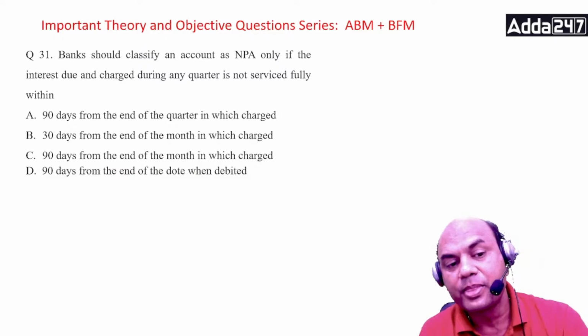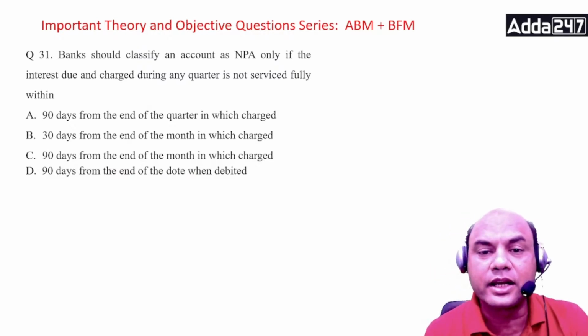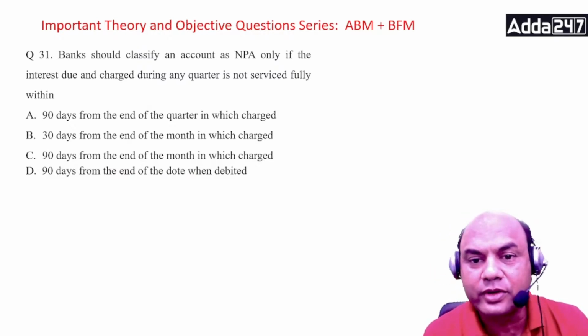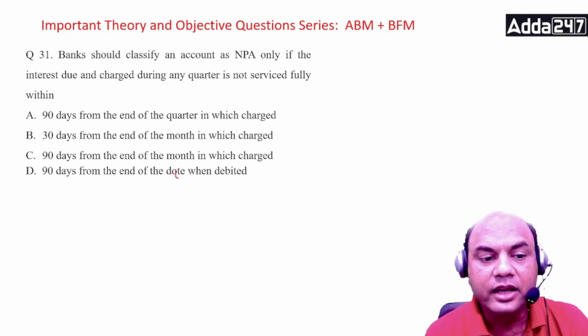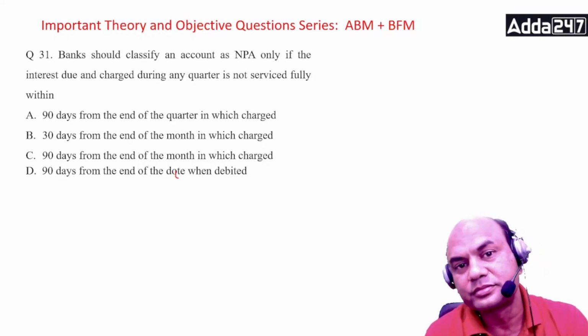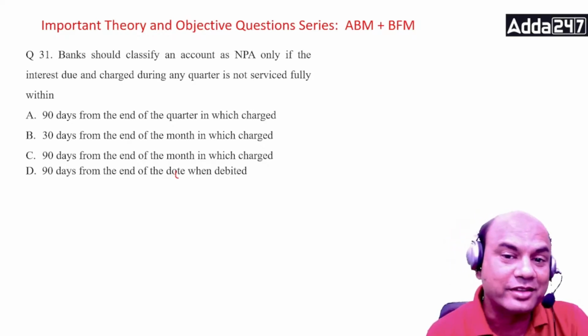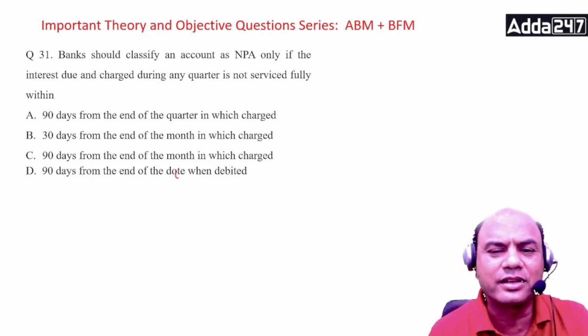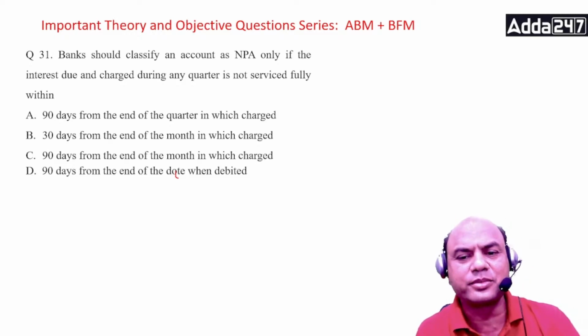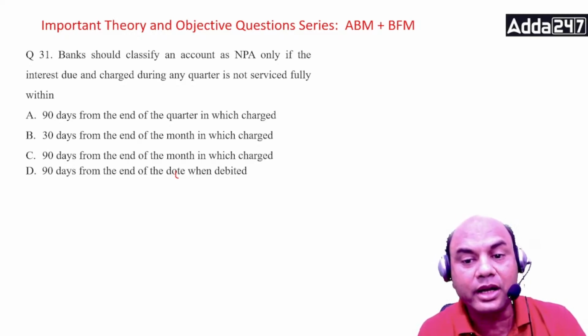We all know the answer is 90 days, but 90 days from where? End of the quarter, end of the month, or end of the date on debit. This is a tricky one, because every banker knows 90 days is to be taken, but from where?